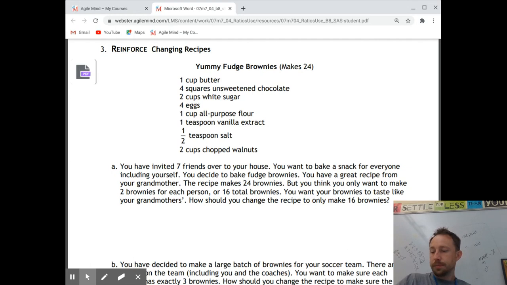Multiply by 1/2. All right, if we multiply by 1/2, what is half of 24? 12. So is that going to be enough? Would that be enough? No, it's not going to be enough.